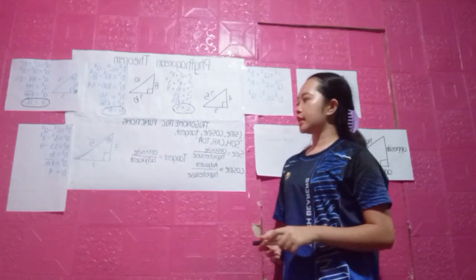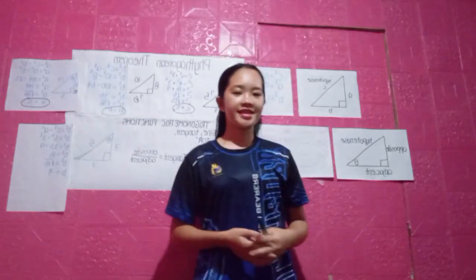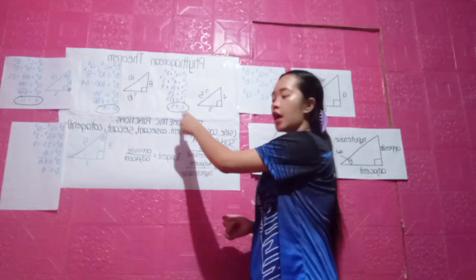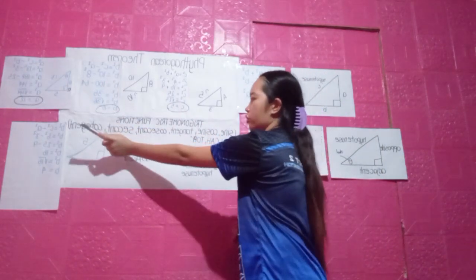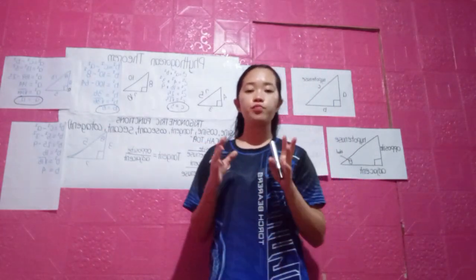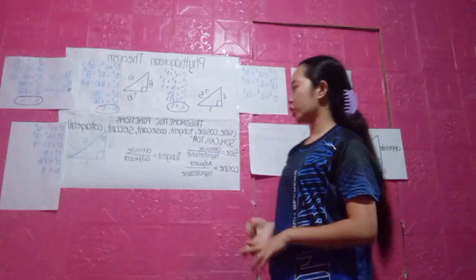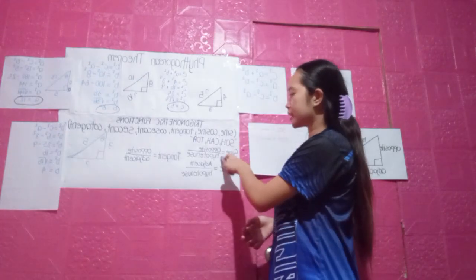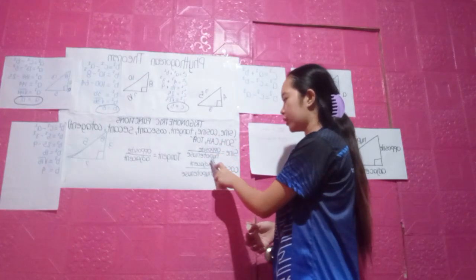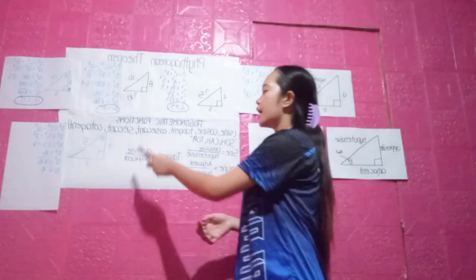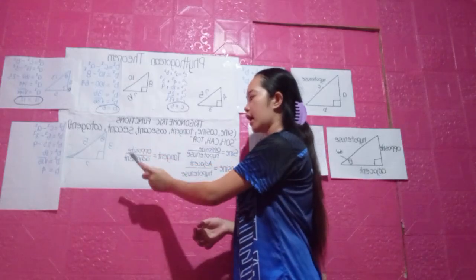And now, let's proceed to trigonometric functions. Trigonometric functions have six functions: sine, cosine, tangent, cosecant, secant, and cotangent. But even with those six functions, we only need to memorize three formulas, which is the SOH-CAH-TOA. Sine equals opposite side over hypotenuse, cosine equals adjacent over hypotenuse, and tangent equals opposite over adjacent.